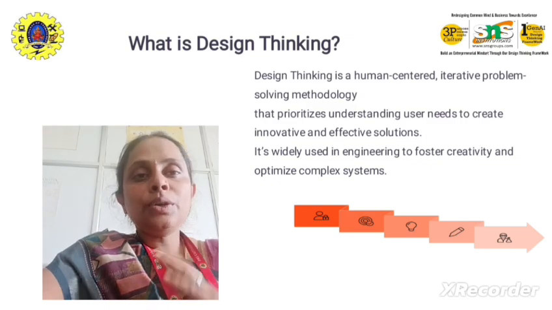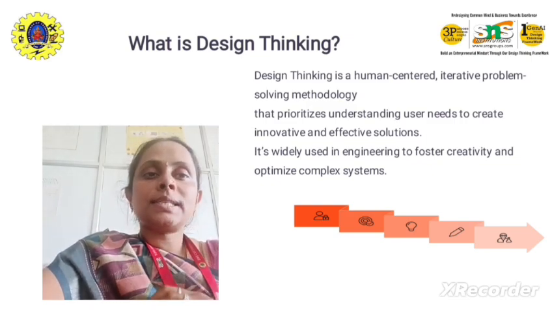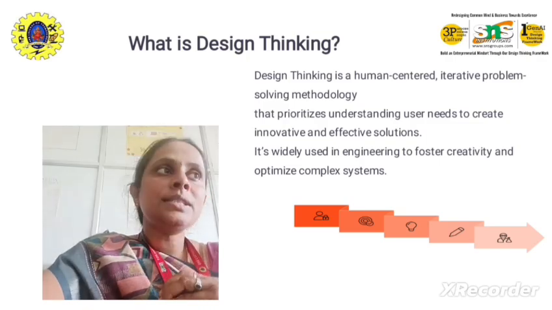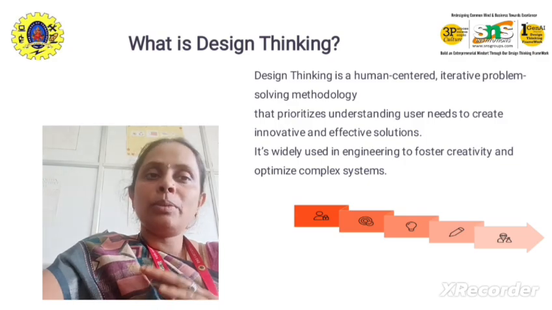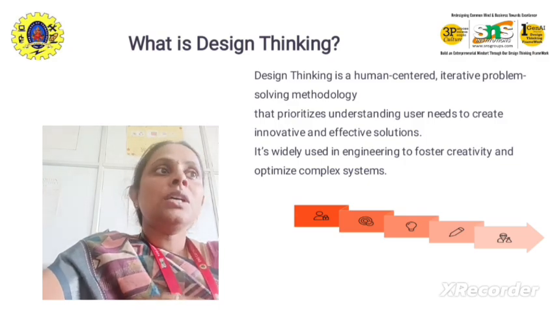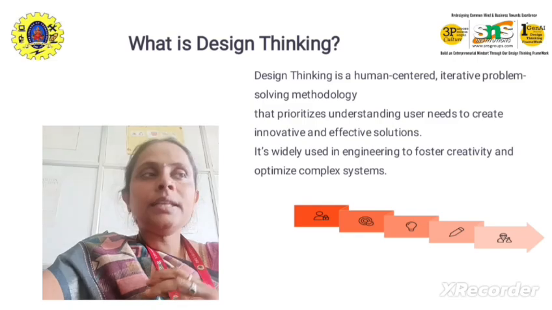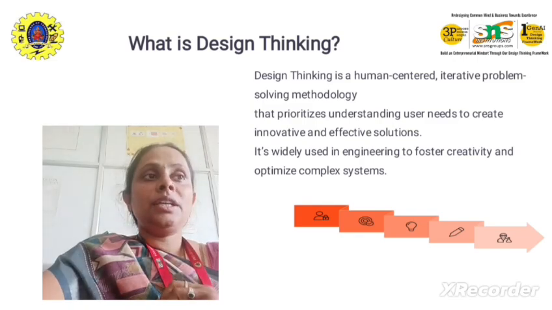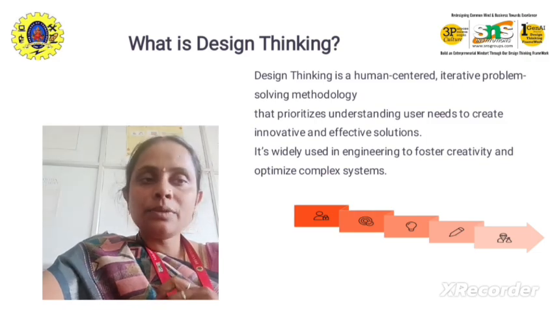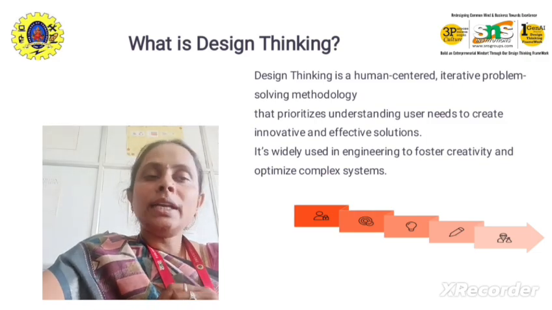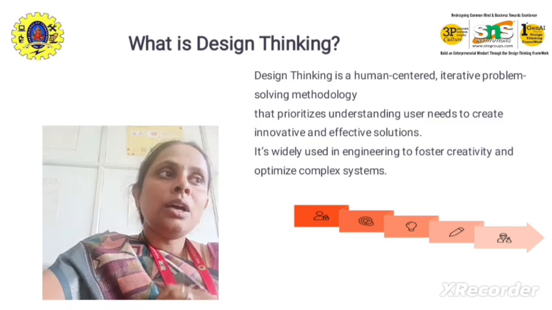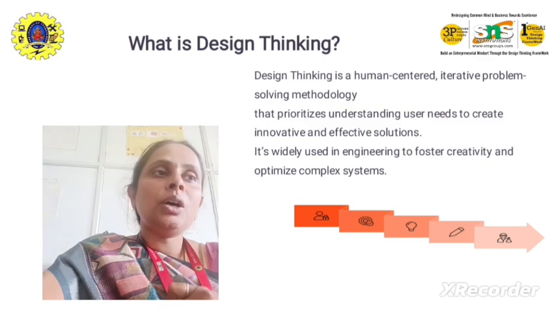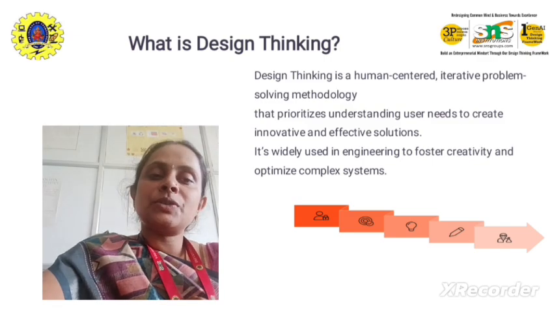Before that, we are going to discuss what design thinking is. All of you know, design thinking is a human-centered, iterative problem-solving technology. It is understanding the user needs to create innovative, effective solutions. It is widely used in engineering to foster creativity and optimize complex systems.